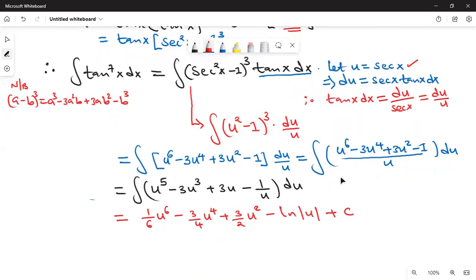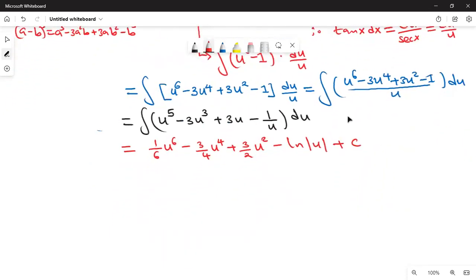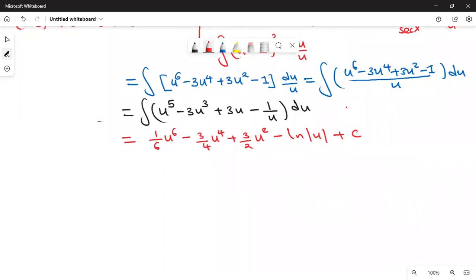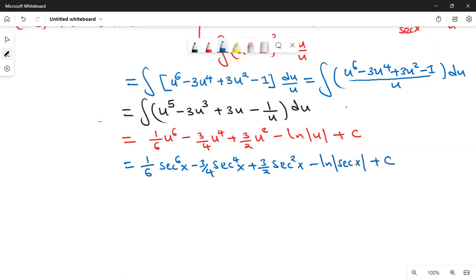Remember, we said u is equal to sec x. So let us replace u by sec x. So this can now be written as 1 over 6 sec raised to 6 of x minus 3 over 4 sec raised to 4 of x plus 3 over 2 sec raised to 2 of x minus ln of sec x, then plus a constant c.